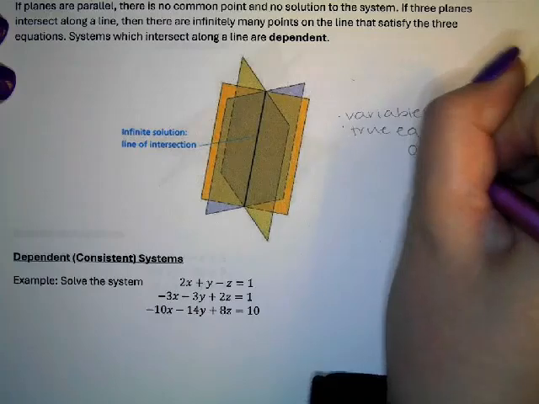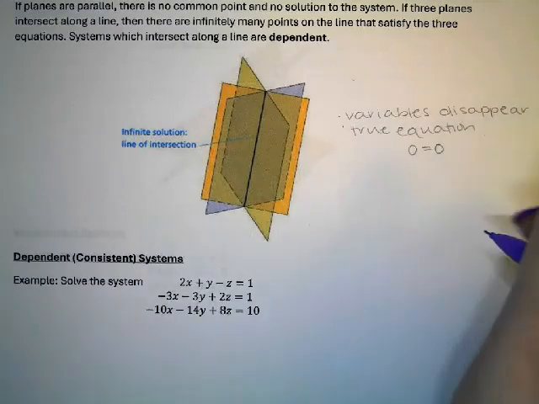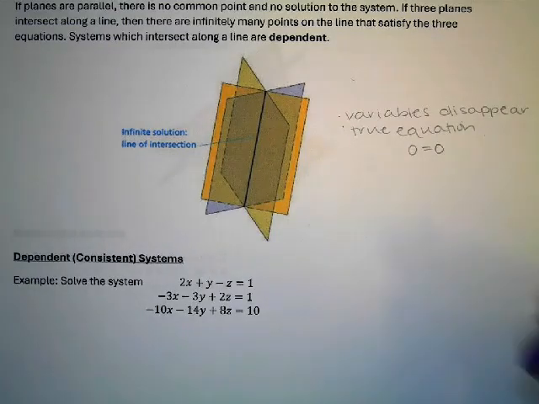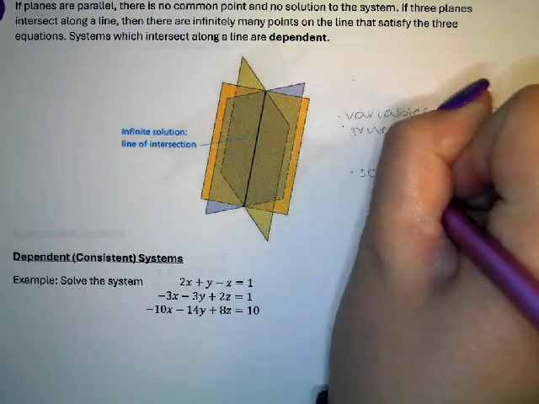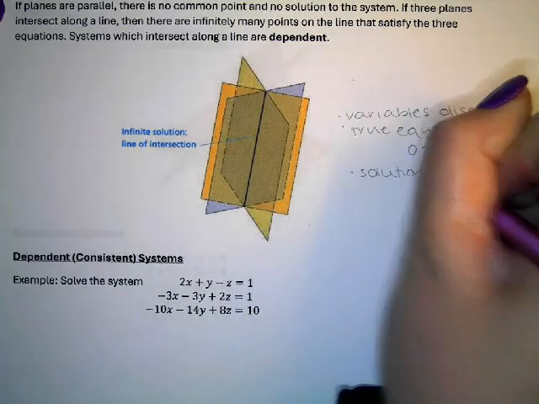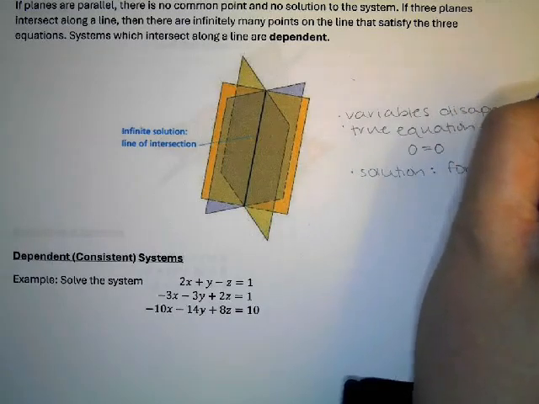Or we could end up with like 5 equals 5 or something like that, something that's true. That tells you that you're dealing with equations where they're replicas of each other, they're laying on top of each other. And then if that is the case, then you know that your solution is not going to be specific. Since it's infinitely many points, you're looking for a formula for how you could find those points.